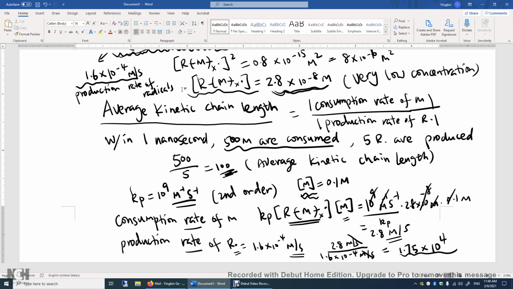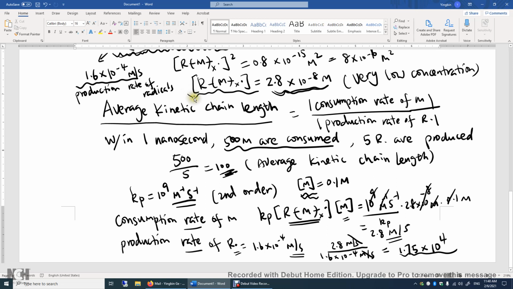Then on average, I can tell that within that time period, since we consumed 500 Lego blocks, in other words, we put 500 Lego blocks on 5 base plates. So within that time period, the average number of Lego blocks on each base plate is 100. So the average kinetic Lego block number is 100.